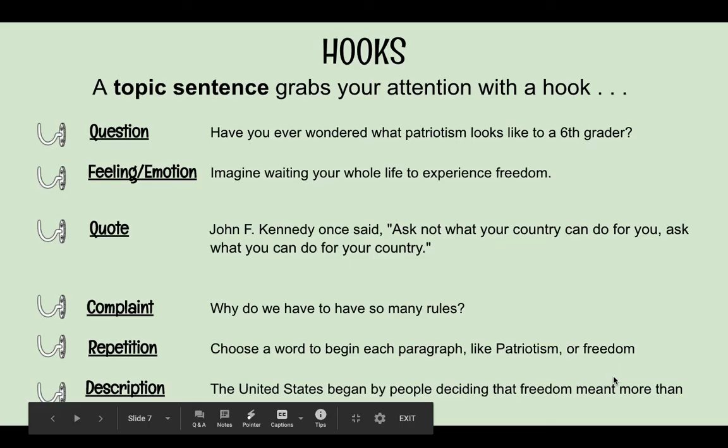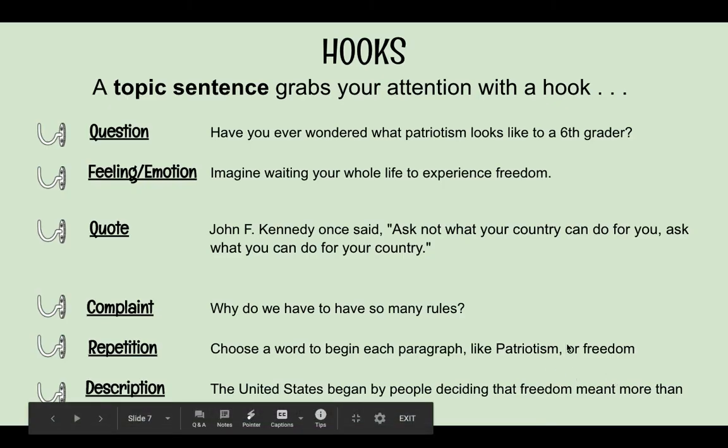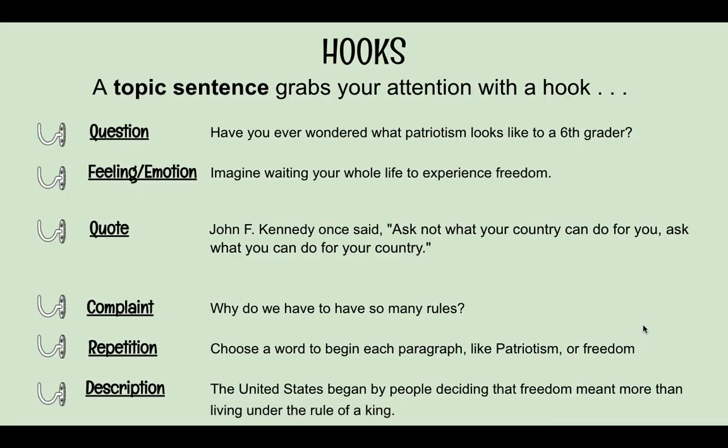Choose a word to begin each paragraph, like patriotism or freedom. One of the examples you'll see did use the word patriotism at the beginning of each paragraph. Or start out with a description. The United States began by people deciding that freedom meant more than living under the rule of a king. Describe what you're saying in your sentence.